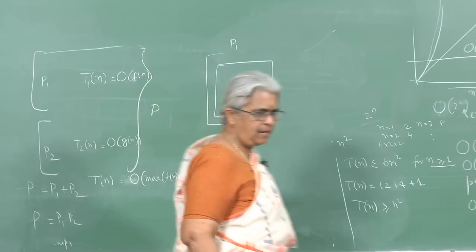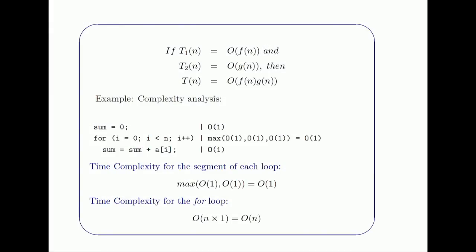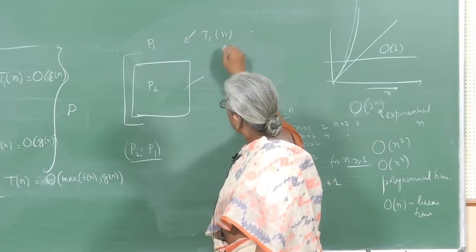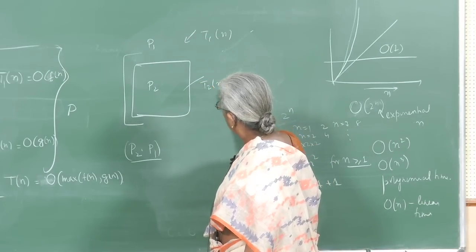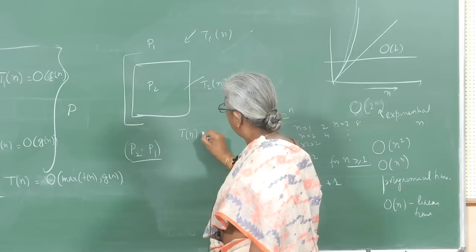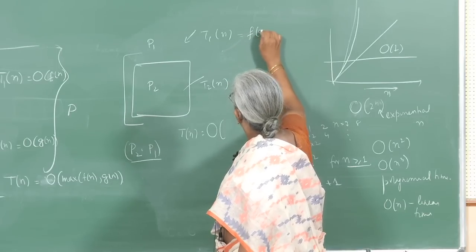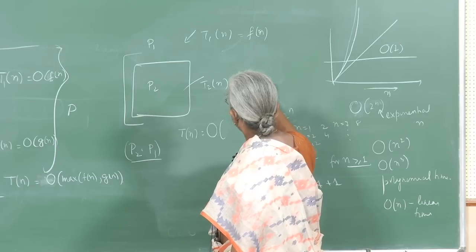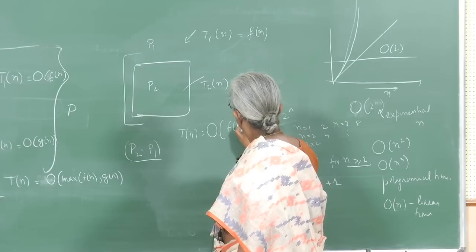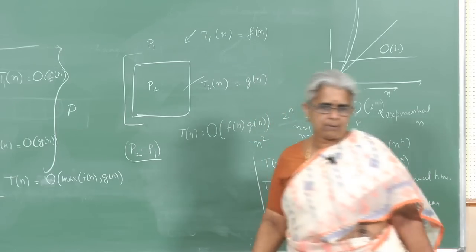Then the product rule says that if the time complexity for this one is T1 of n, equal to f of n, and for this one T2 of n, equal to g of n, then the time complexity T of n is order of f of n into g of n, the product of the 2 time complexities.